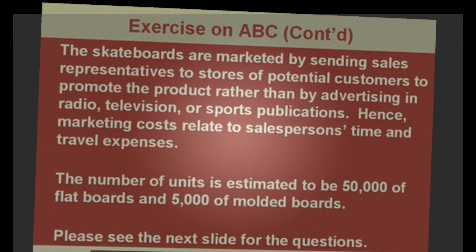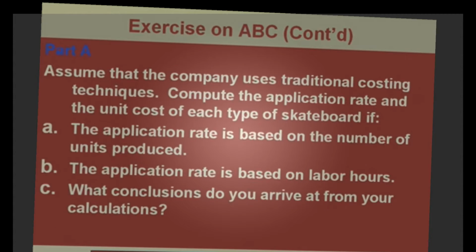Now, here's the exercise. Here we discuss the marketing strategy of the company. It basically involves visiting potential stores. The estimated units to be made are 50,000 for flat skateboards and 5,000 mold skateboards. Print this out. Now, here are the questions. Part A. Print this out, please.